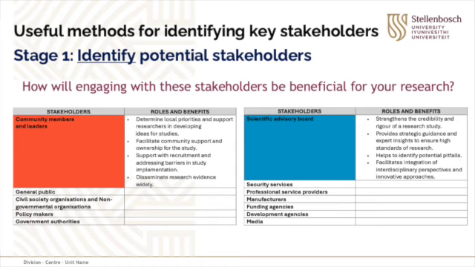And so this is how to think really quite in depth about who your stakeholders are, and also to think about how your research is going to benefit from having this array of stakeholders involved in your study or engaged in your study.